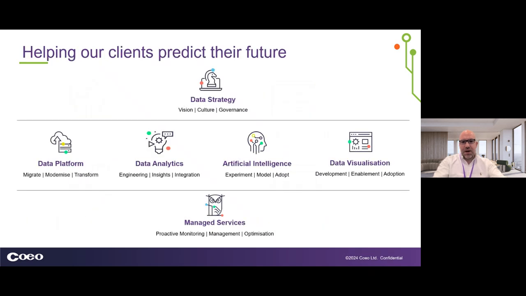Finally, just a little bit about Coeo. We've talked about Customer 360, we've talked about Fabric, but I guess this slide and this graphic really sums up well who Coeo are and how we help.